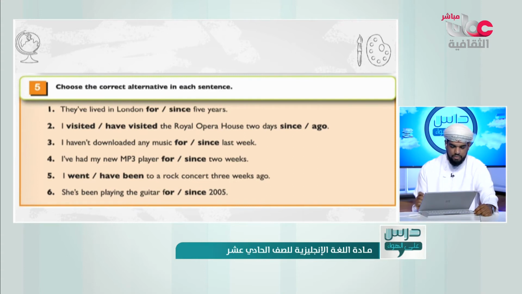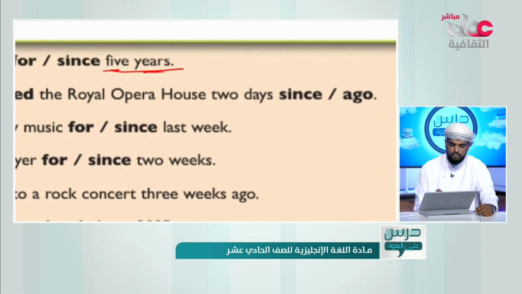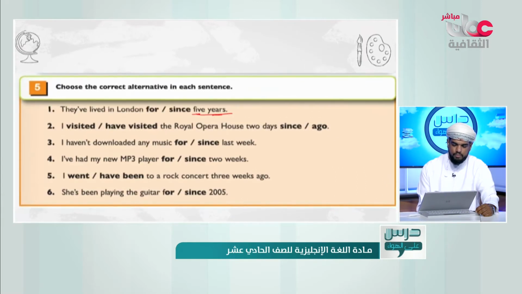The activity that you have, activity number 5 in your course book. For example, number 1, they have lived in London for or since. What should we choose? We have 5 years here. If you remember, when you have a number plus a time word, we use for. We cannot use since with 5 years, right?